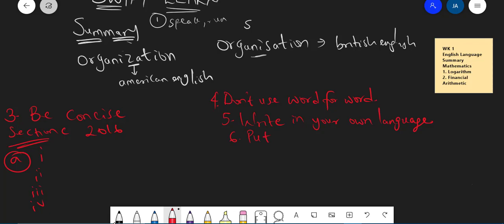Put your punctuation. Many of us, you want to write J or I, you just put it like this. Sorry, that's a mistake. You put it this way, you do not dot it. You write I, nothing. You write T, just leave it like this. All these things actually matter.